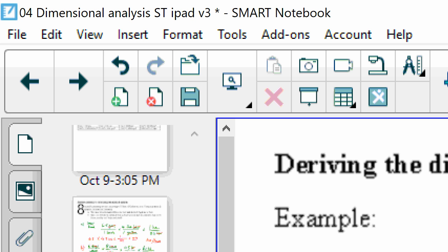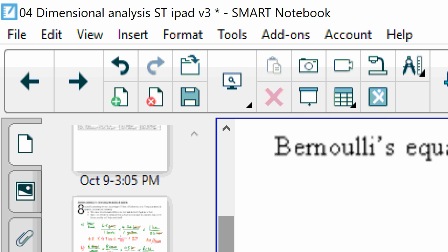So p is pressure, rho is density, v is velocity, z is height, and g is acceleration due to gravity. And the example says, find the dimensions of this constant. What dimensions does it have? So we can use the dimensions of all the other quantities and simplify them to find the dimensions of the constant.